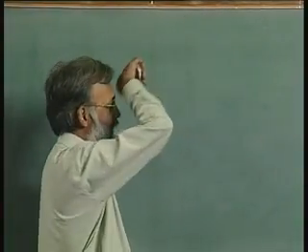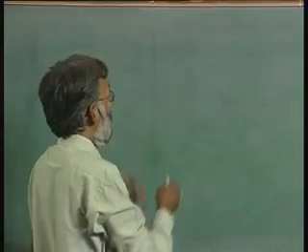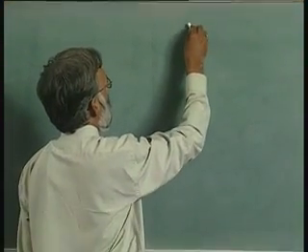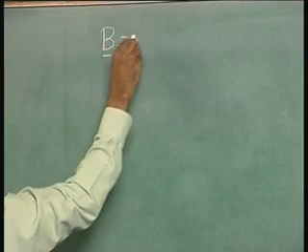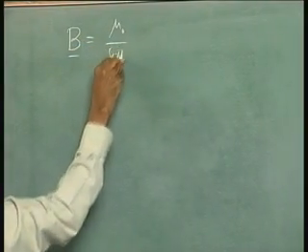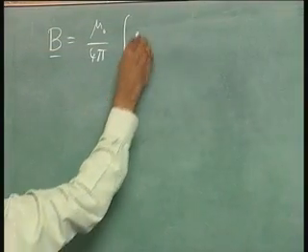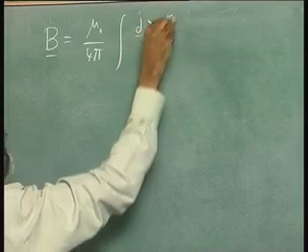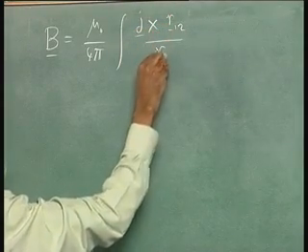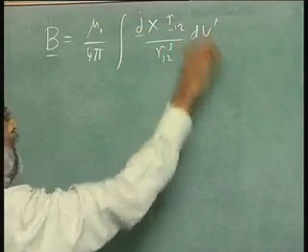We talked about the magnetic field, and we said that the magnetic field, which we had earlier, is mu naught over 4 pi volume integral j cross r12 over r12 cubed dv prime.